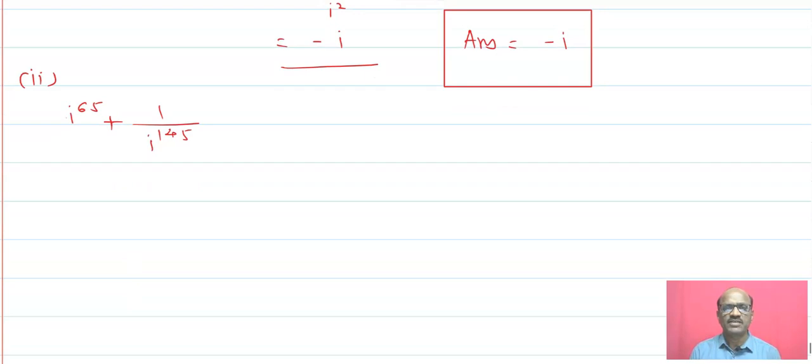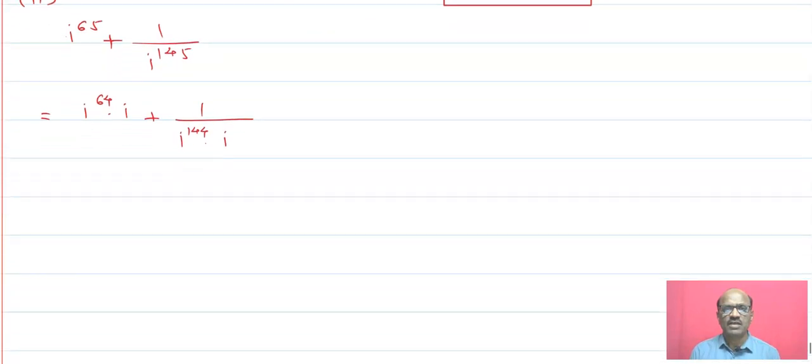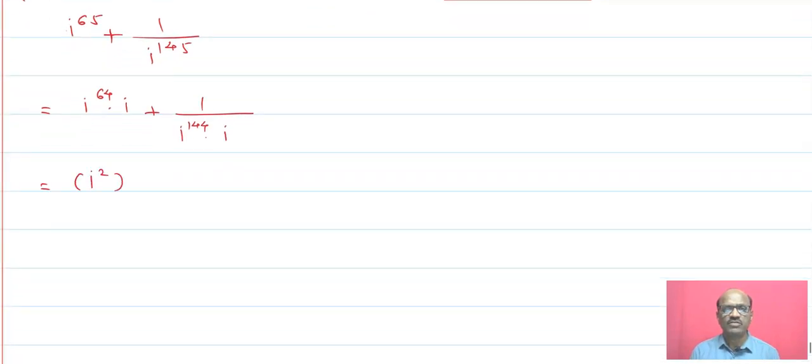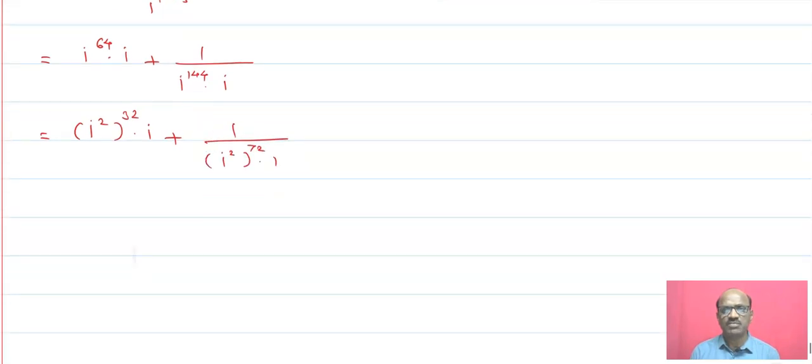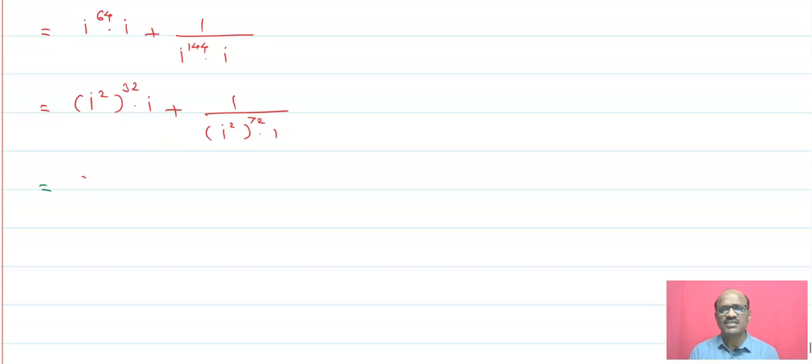Now we'll simplify here. That i raised to 65 can be written as i into i raised to 64 plus 1 upon i raised to 144 into i. i raised to 64 can be written as i square in bracket raised to 32 into i plus 1 upon i square raised to 72 into i.